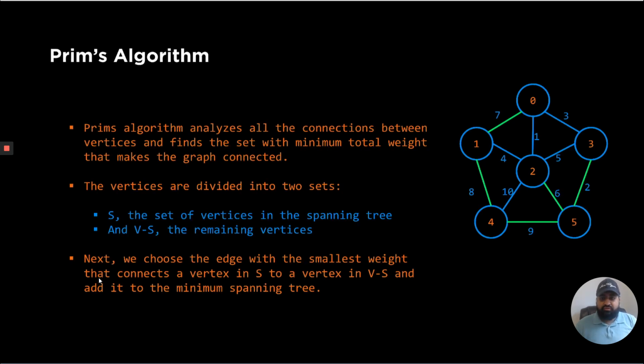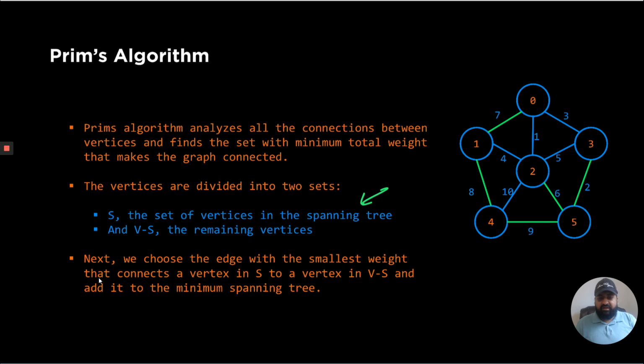So Prim's algorithm analyzes all the connections between vertices and finds the set with the total minimum weight that makes the graph connected. The vertices are divided into two sets when we are trying to compute the MST in this algorithm. It works pretty similar to what we saw in Dijkstra's shortest path algorithm, where we have two different sets.